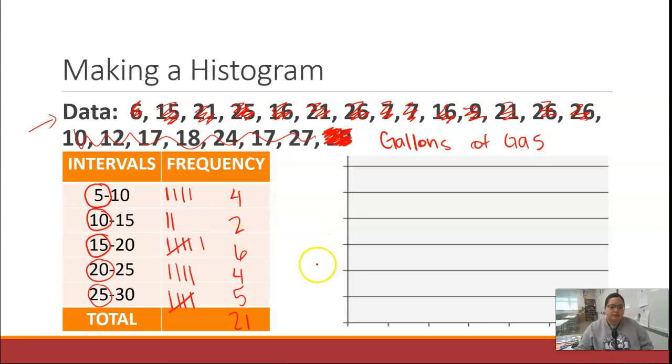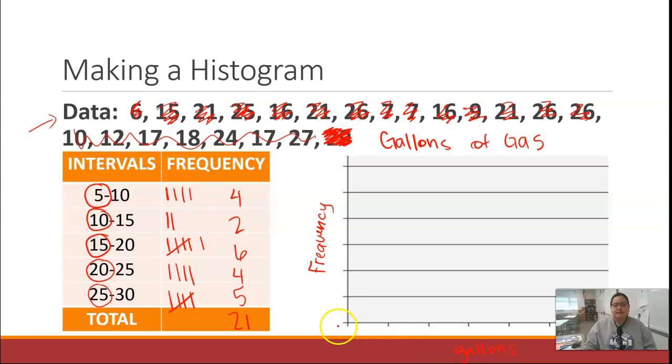The y-axis, the vertical one, is always going to be labeled frequency, how many times that occurred for each range. Across the bottom, we're going to label our intervals, and in this case, our intervals represent gallons of gas. So we're going to label this gallons.